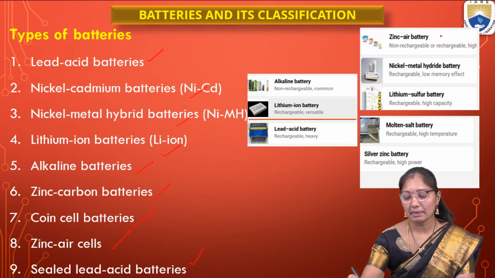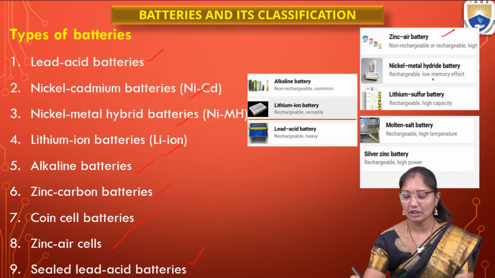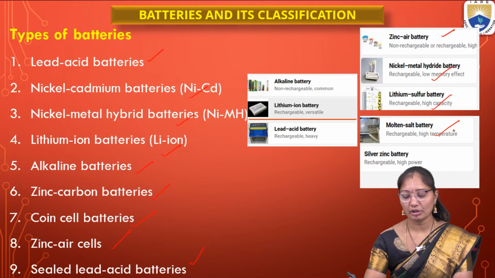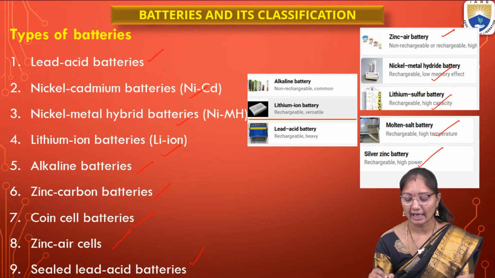The nickel metal hydride battery is rechargeable, and the lithium sulfur battery is rechargeable, and the molten salt battery is rechargeable, and the zinc silver battery is rechargeable and produces high power.